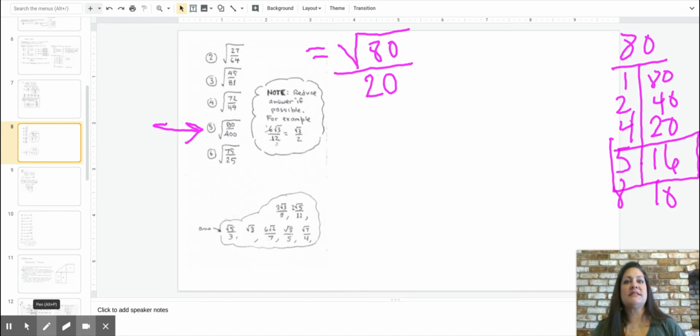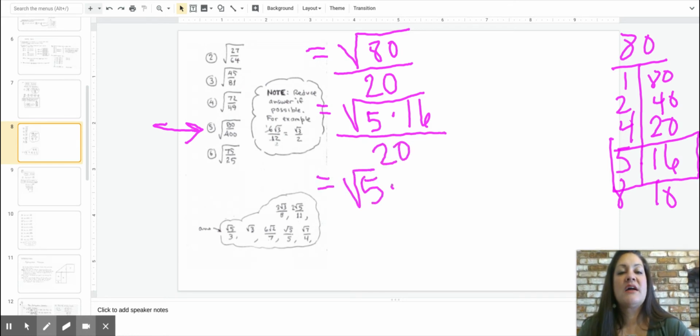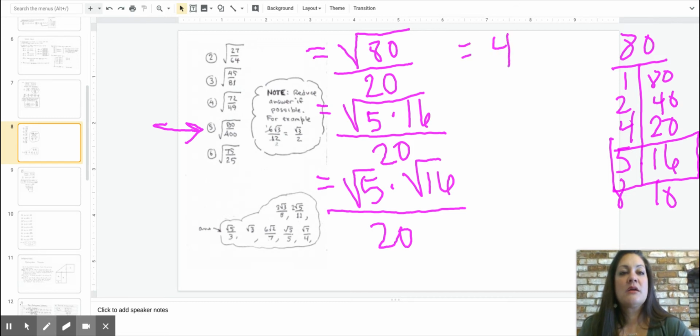5 times 16 equals square root of 5 times 16 over 20. Square root of 5 times square root of 16, which I know is 4, equals 4 times the square root of 5 over 20.